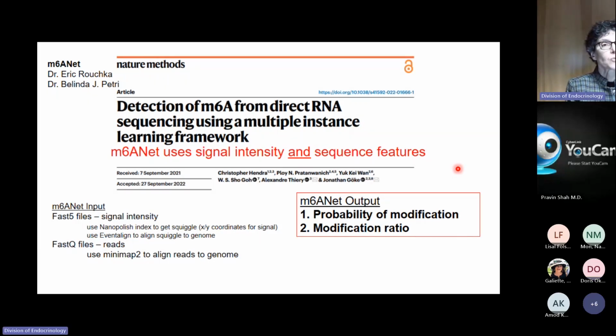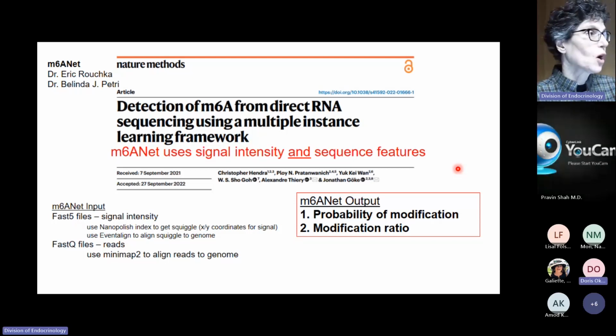Now, when Dr. Ruszkiewicz first started to analyze the data, he used m6Anet, which uses signal intensity and sequence features. And this is the publication from which he got the program to examine the data.